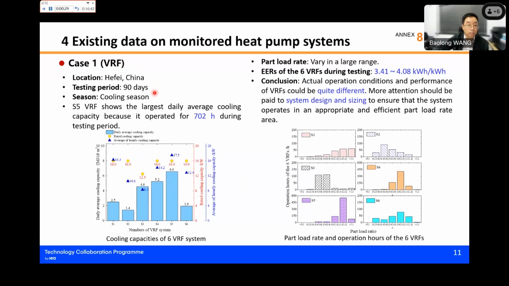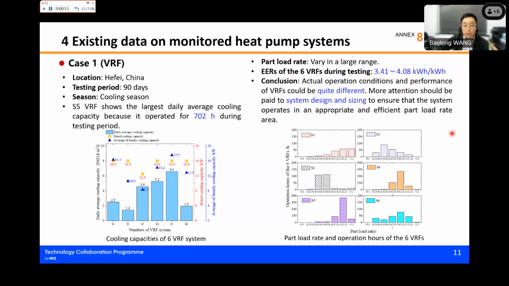It was tested in Middle China, over 80 days in the cooling season. Generally, we get some very important conclusions. Generally, the EER of the VRF during the test is 3.4 to 4.1.